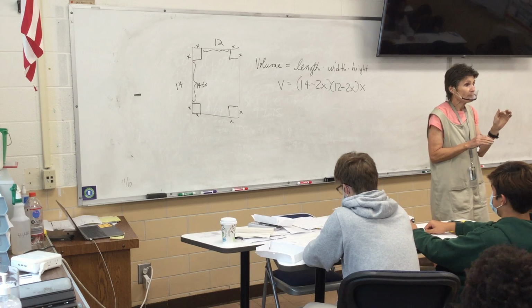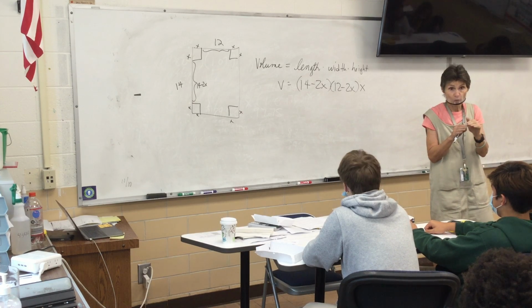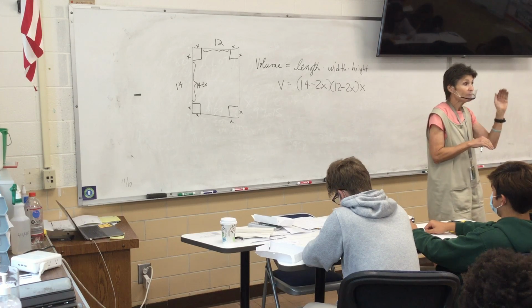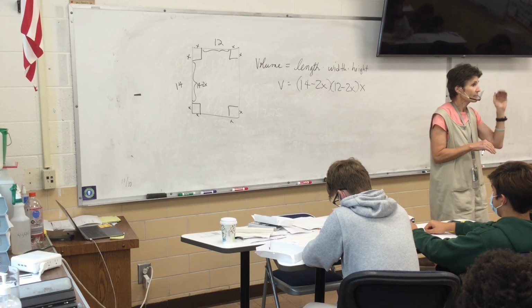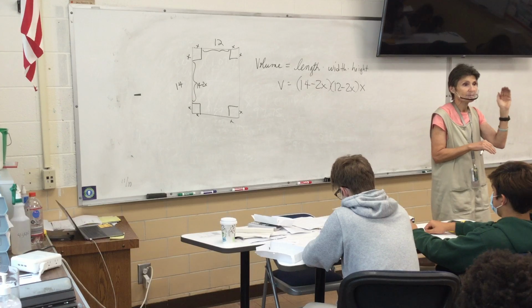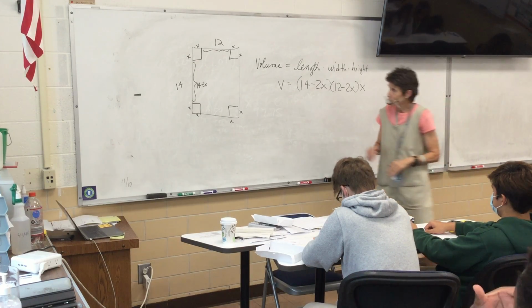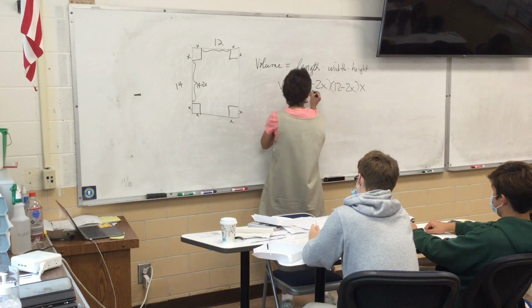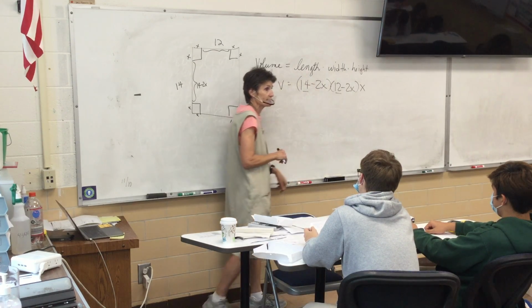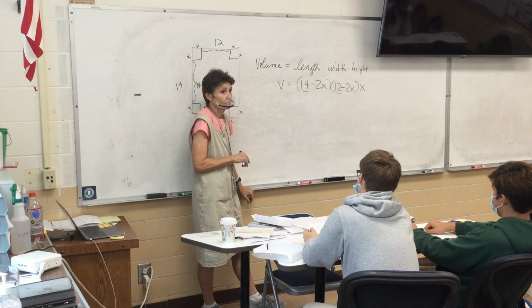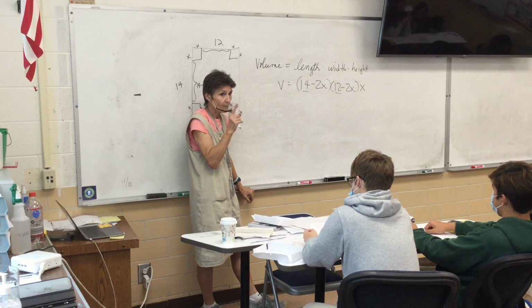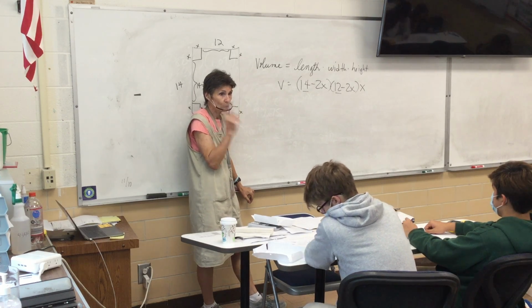If the paper had been 20 by 30, it would be 20 minus 2x, 30 minus 2x times x. It's never going to change. Whatever the dimensions of your paper are, go here. Everything else stays the same. Got it? Every box problem you do.